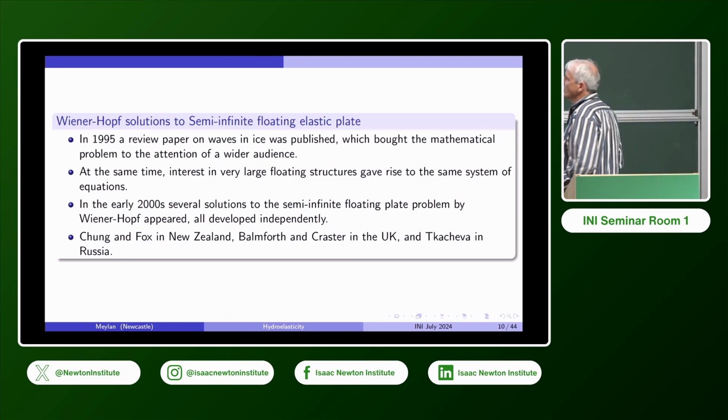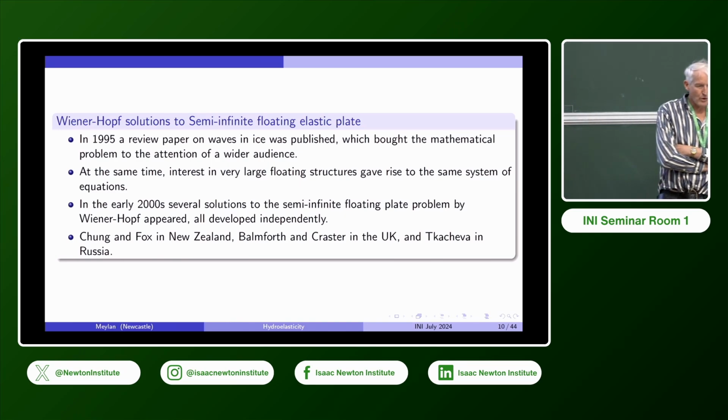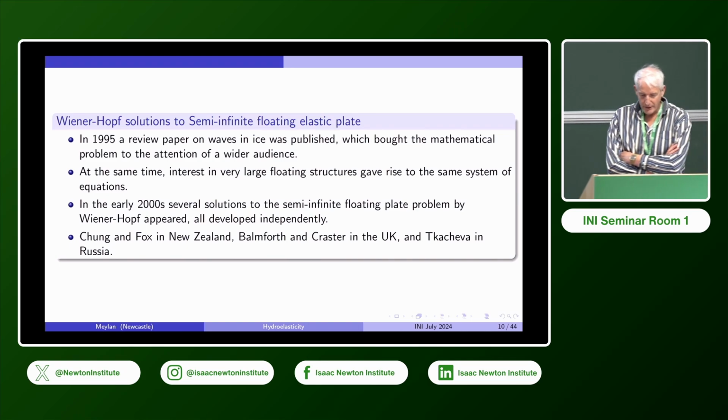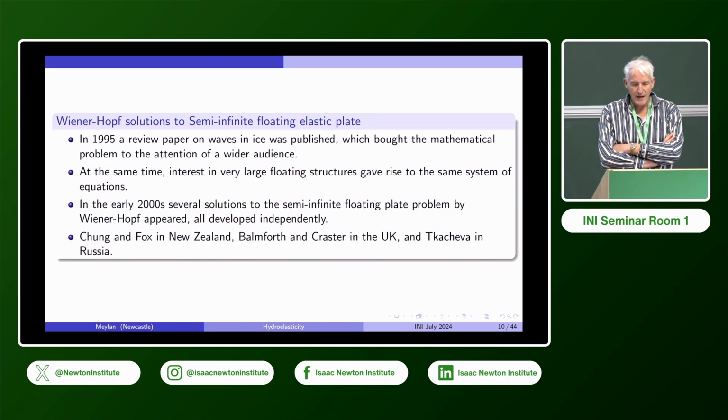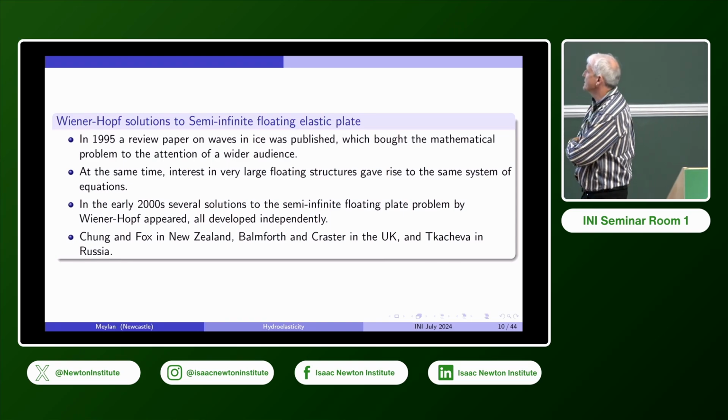So there might be a year or 2 difference in the publication, but there was a group in New Zealand who I know well and have worked with and collaborated with who did it, and Bamforth and Richard Craster in the UK did it, and Chikeva did it, produced a solution in Russia. She's from the group in Novosibirsk.